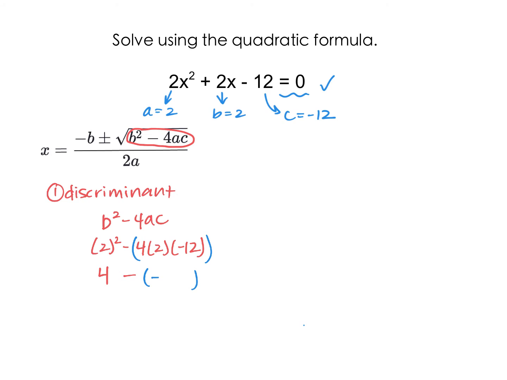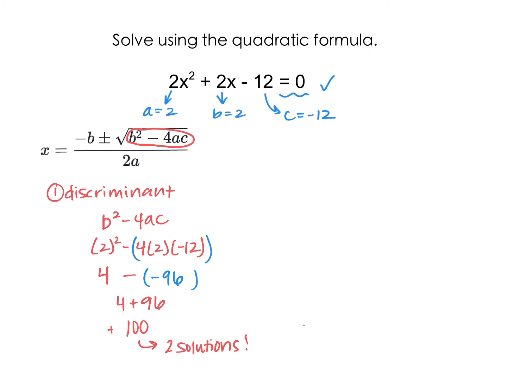Positive times a negative will result in a negative. 4 times 2 is 8. 8 times negative 12 is a negative 96. So my discriminant is 4 minus a negative 96, which is 4 plus 96, which is 100. The fact that this discriminant is positive tells me I'm going to have two solutions to my quadratic.